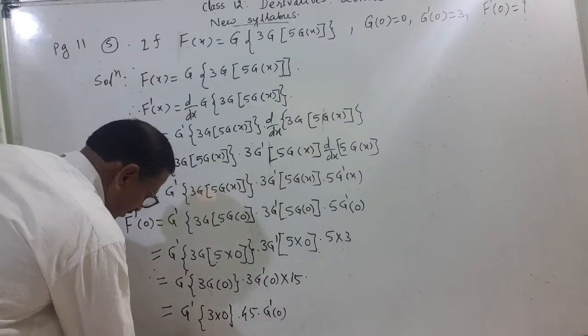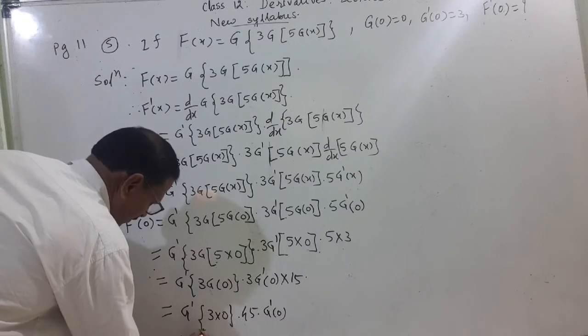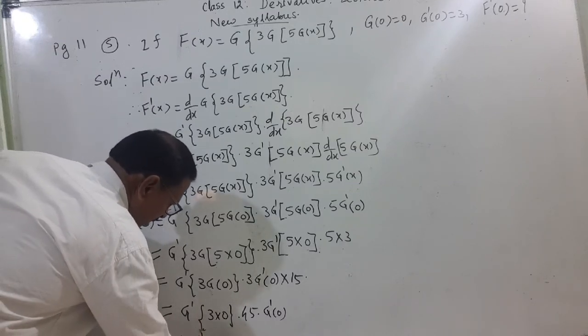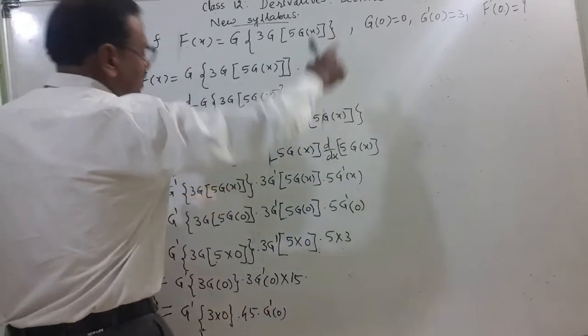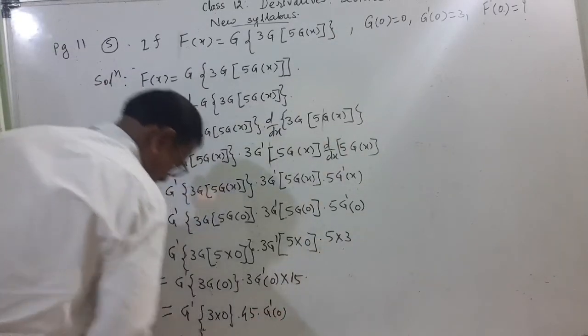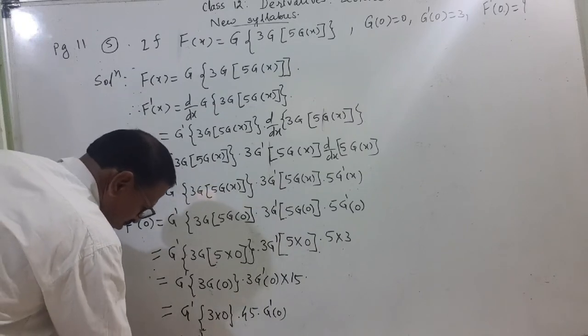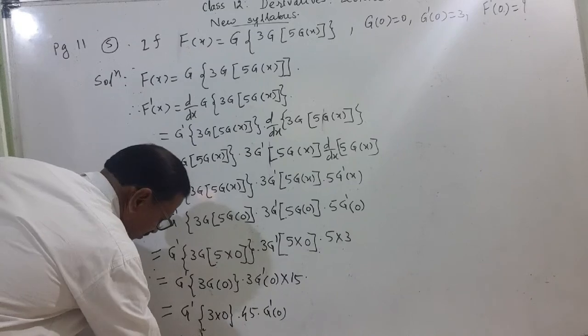That is equal to g dash of 3 into 0 is 0, into 45 into g dash of 0, which is 3. Again, the value of g dash of 0 is 3. 3 into 45 into 3.